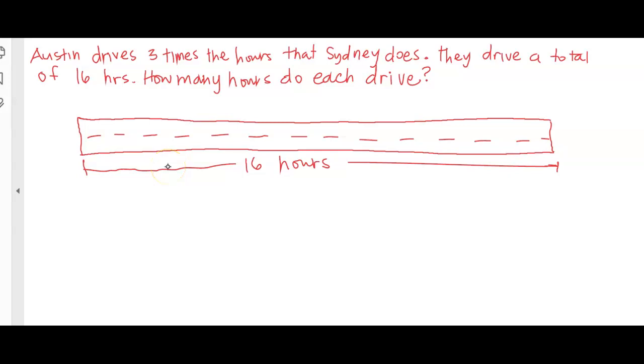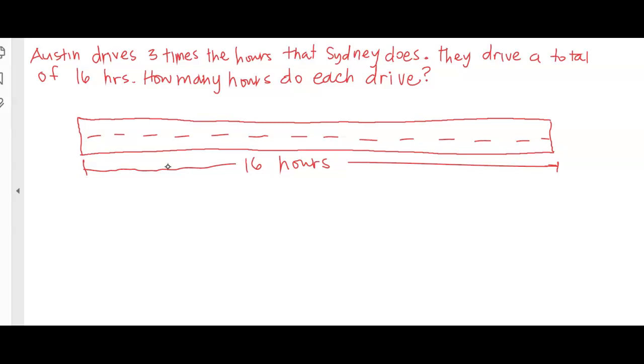Alright, so I was asked to try and do one of these problems about different people driving different lengths of time. This is on 1.7 homework, and I have a picture here to help illustrate and to think about how to do this problem.